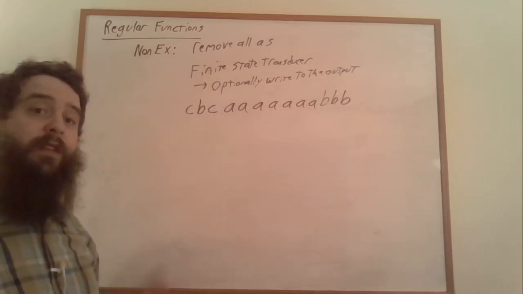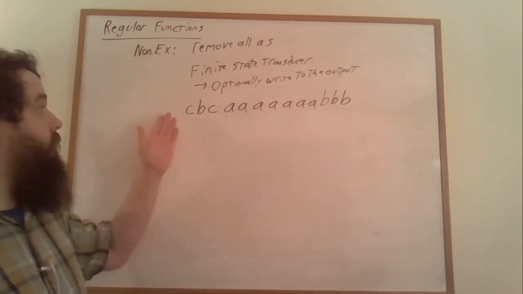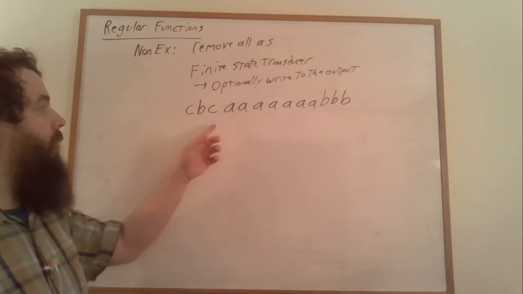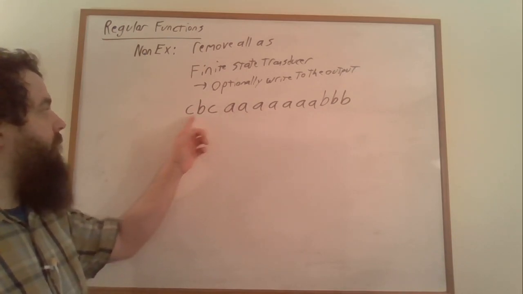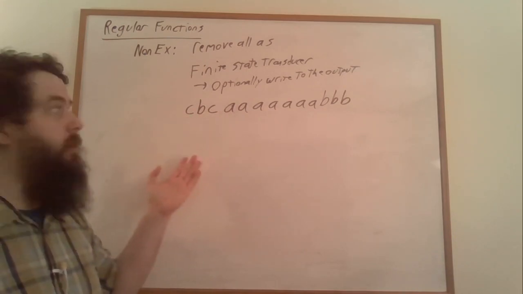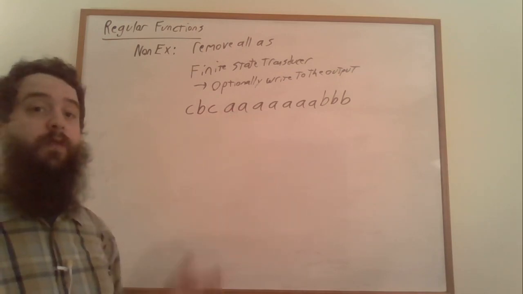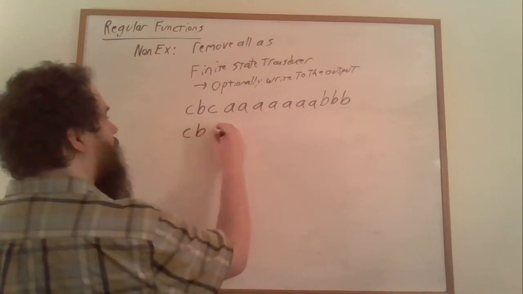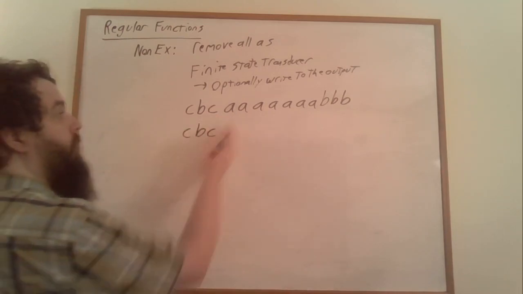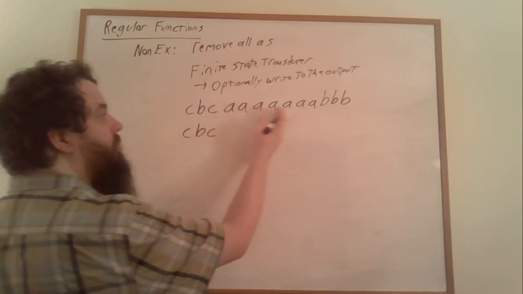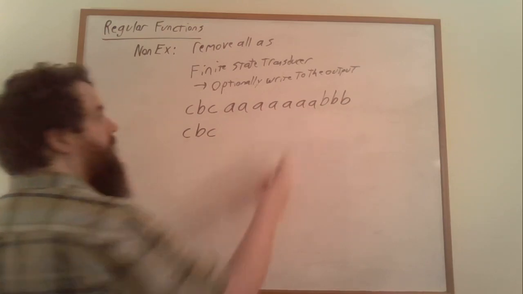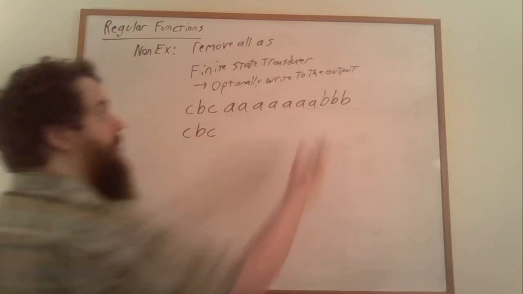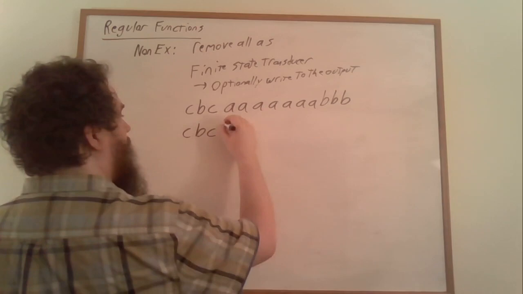We can construct a finite state transducer that goes through the input word character by character, and if it sees a C or a B, it writes it to the output, and if it sees an A, it doesn't write anything. So this automaton will write CBC to the output, and then for each of these A's, it's not going to write anything, and then it will write these B's to the output.